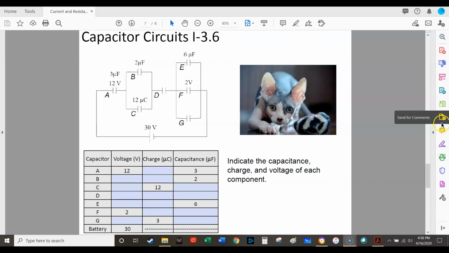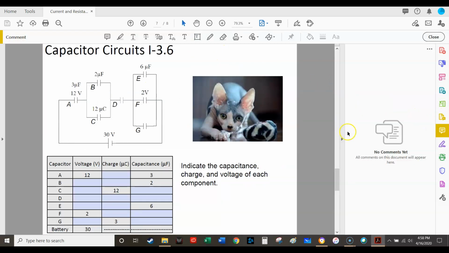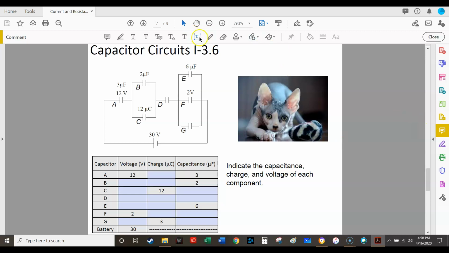All right, let's go to the comment area and mark up this document. Since this is kind of new and we're practicing, I'm going to write out the rules.